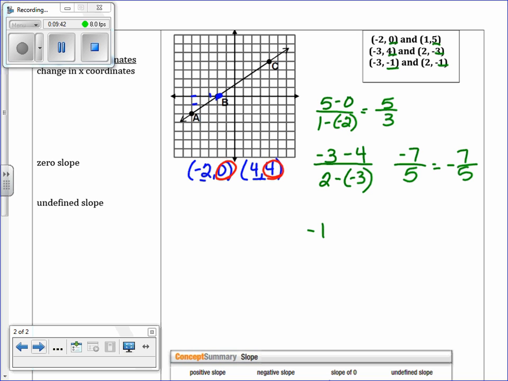Negative 1 minus negative 1, and 2 minus negative 3. So I have negative 1 minus negative 1, and that's 0. 2 minus negative 3, that's 5. So that's going to be a slope of 0.